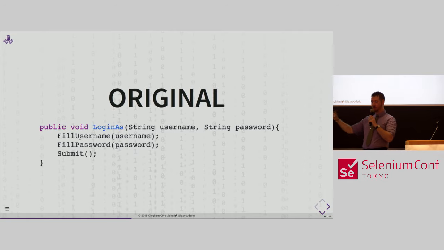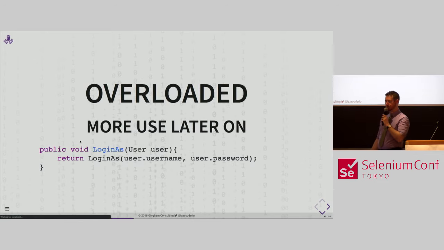So originally, this is a very generic login method that we have here. Login as a username and password. Fill in the username, click the submit button. Yippee, nothing special. I am known as the lazy coder because I don't like doing parameters all the time.